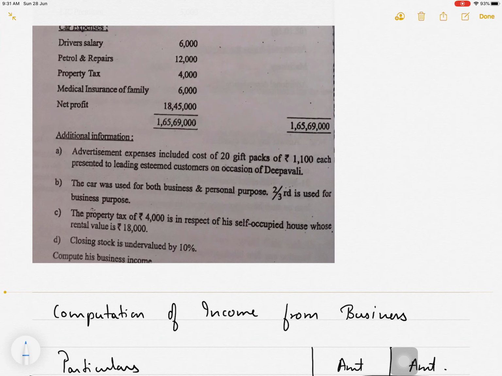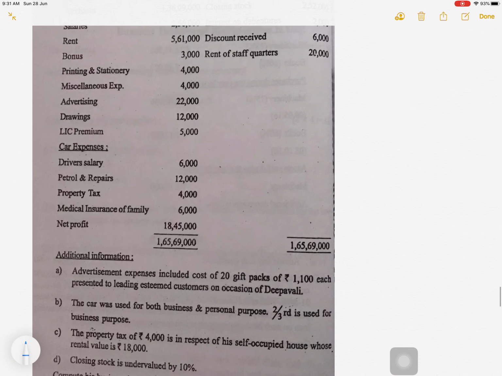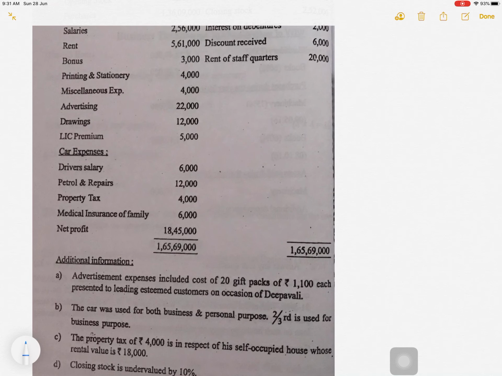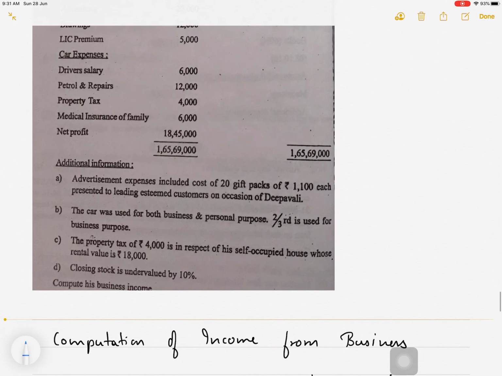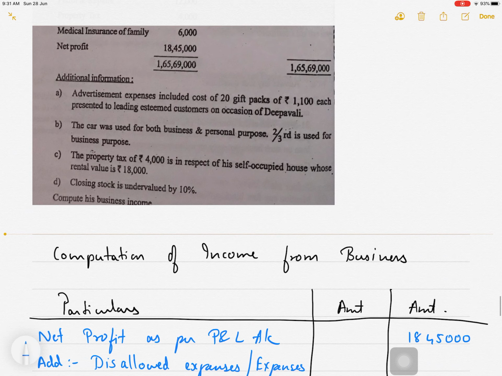Now property tax 4,000 is also there in your P&L account, but you don't know whether that property tax belongs to business property or house property. Correct? So when you see in your P&L account, you can think that it belongs to business property. So if property tax belongs to business property, then it is business expense. But when you see the adjustments, you come to know that property tax belongs to self-occupied property. So you have to add that 4,000 also.